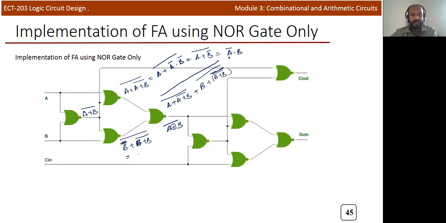So first term becomes a bar b, and the second term will be a b bar. Okay. Similar way you can approach. Finally, you will get sum is equal to a XOR b XOR c, and carry C out will be AB plus AC plus BC.